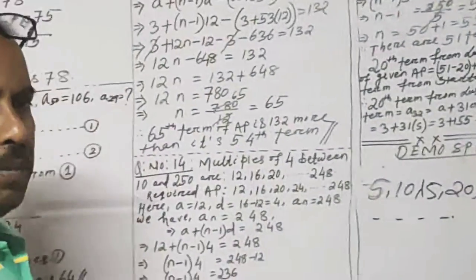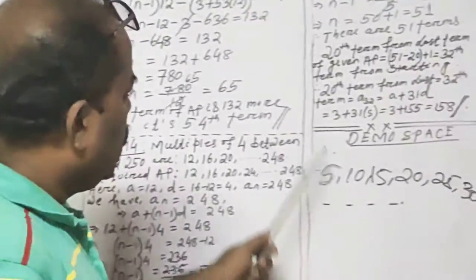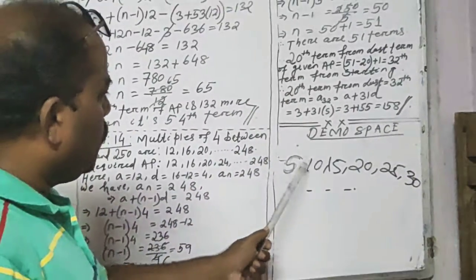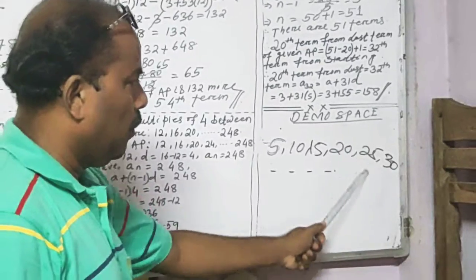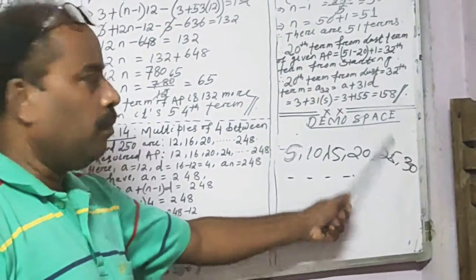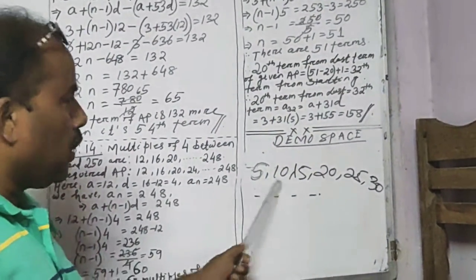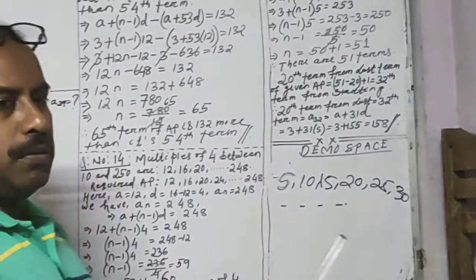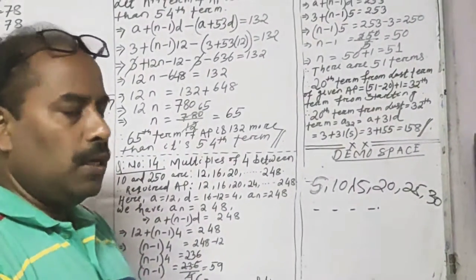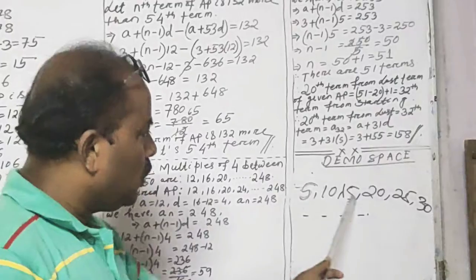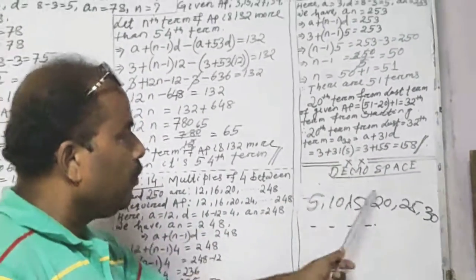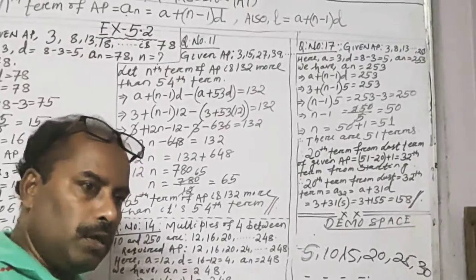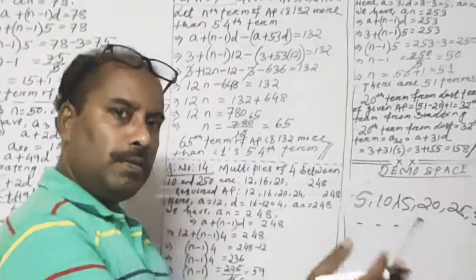Suppose this is an AP with difference 5. If I ask you to find the fifth term of the AP, that is 25, by the formula we can find it from the first term. But here the question is asking in a twisting way: the 20th term, not the fifth term from the starting, but the 20th term from the last, not from the first.